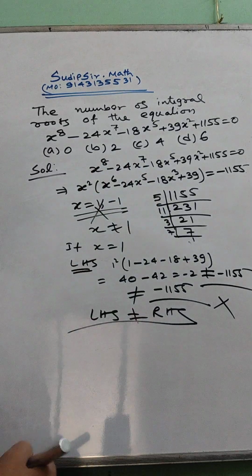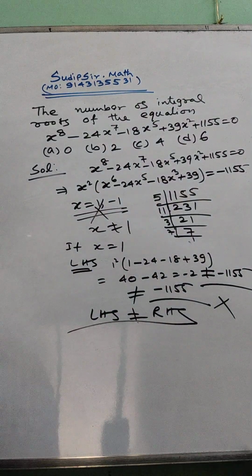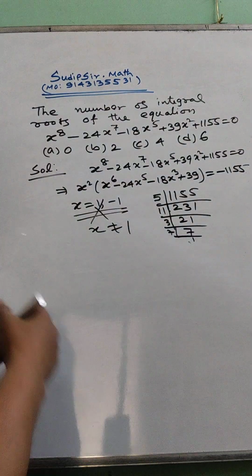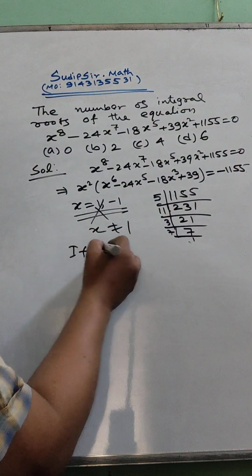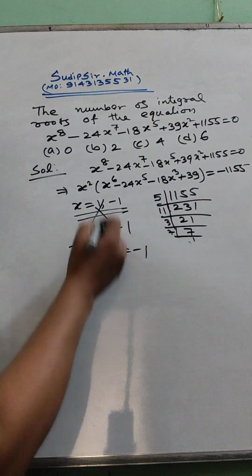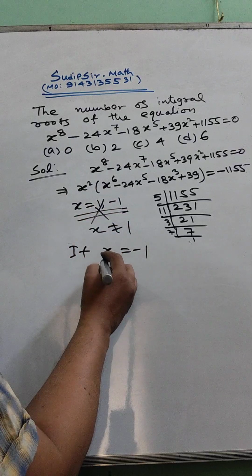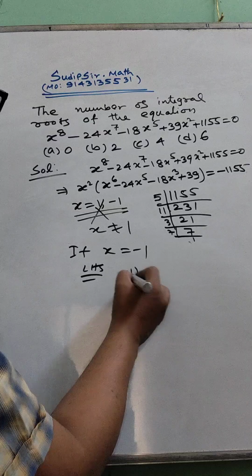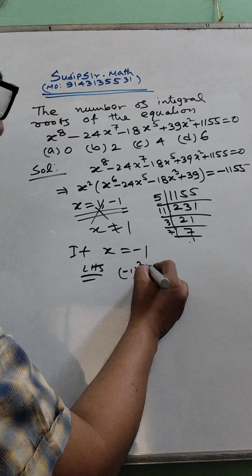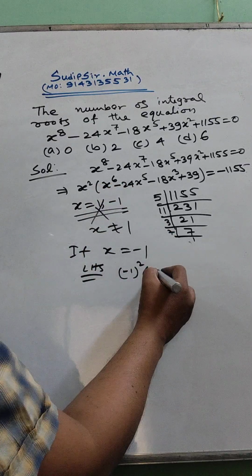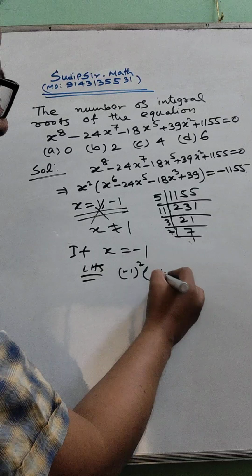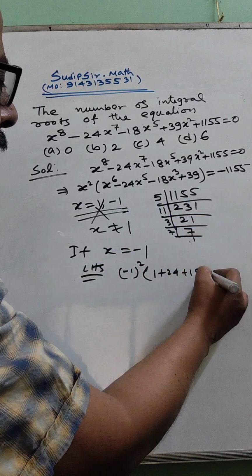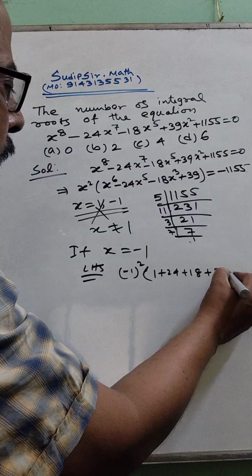Again we will check by taking minus 1. If x equal to minus 1, LHS has minus 1 whole square, and this is an even power, so it will be 1. This is an odd power, so plus 24. This is an odd power, so plus 18, and plus 39.